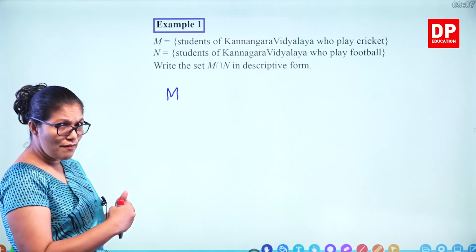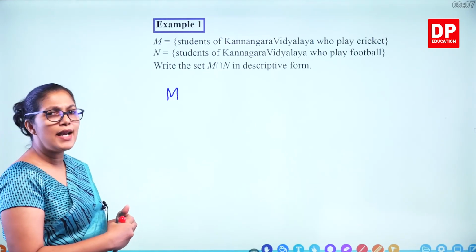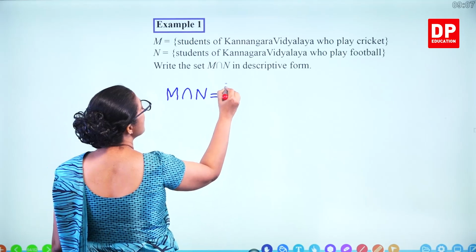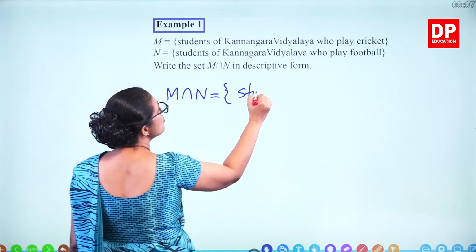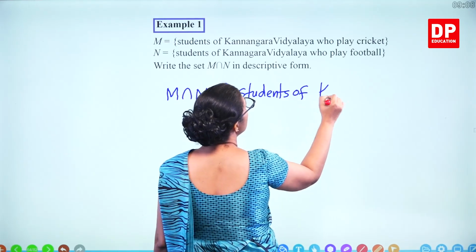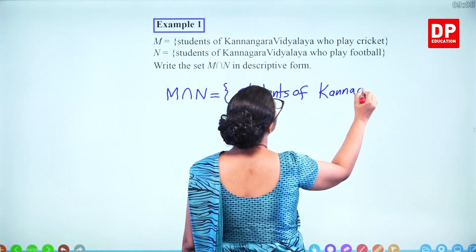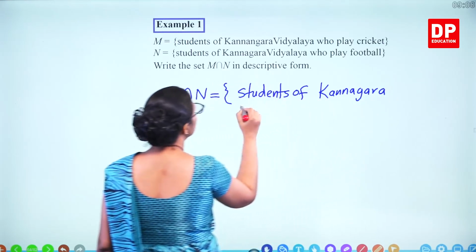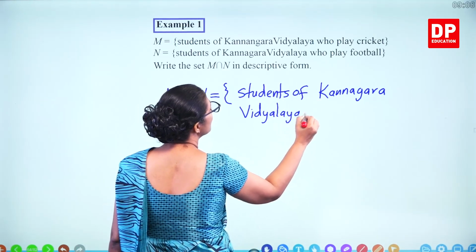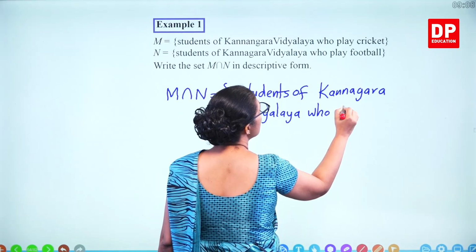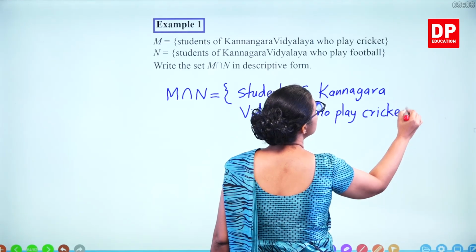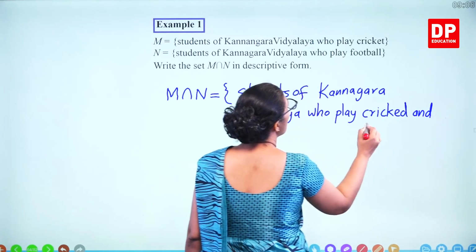So what's the common one? Play both cricket and football. So you can write M intersection N as students of Kannangara Vidyalaya who play cricket and football.